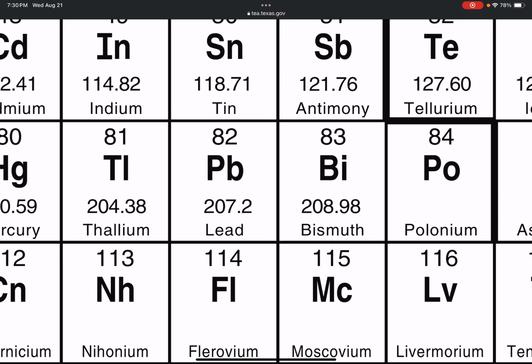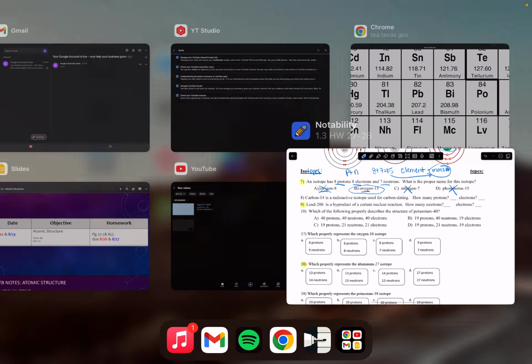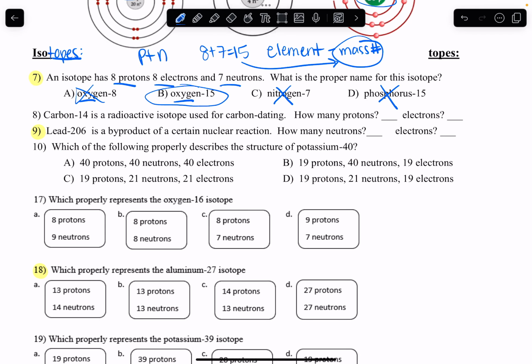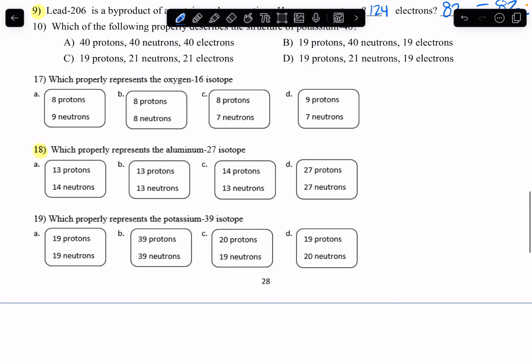Lead has an atomic number of 82, so I have 82 electrons. To find the neutrons, I take 206 minus 82, and that's 124 neutrons.